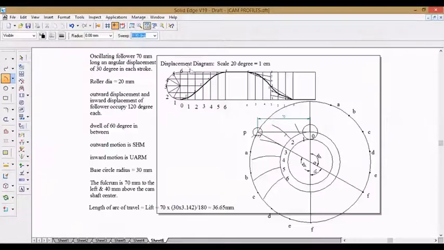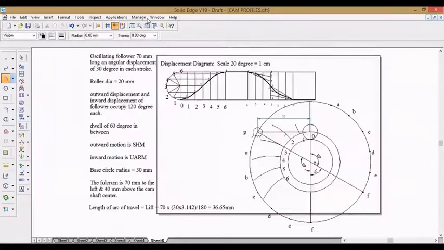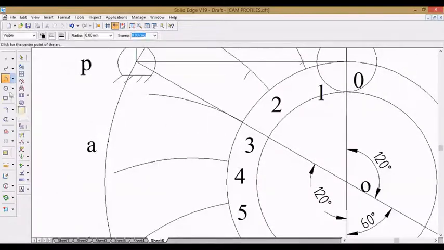Okay, the third distance is 3 to 3 dash, 18.33. The radius is 18.33. In your compass, you take these measurements. Cut the previously drawn arc.